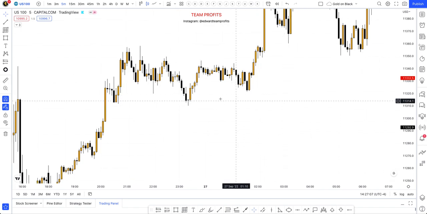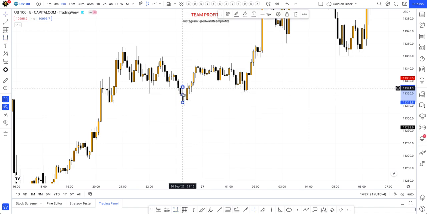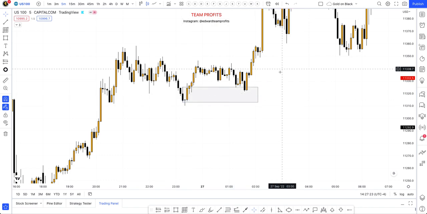I rather look for order blocks where the size of the candles is really nice, and I have imbalance. Sometimes, as I mentioned, you can take either this little one or the one with the most volume in it. It's up to you, okay?